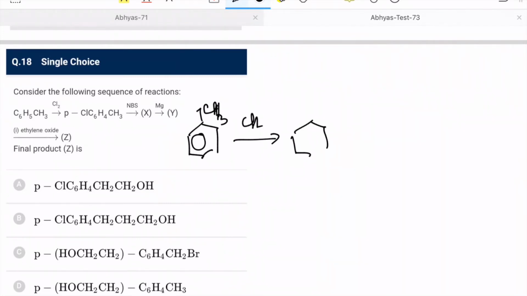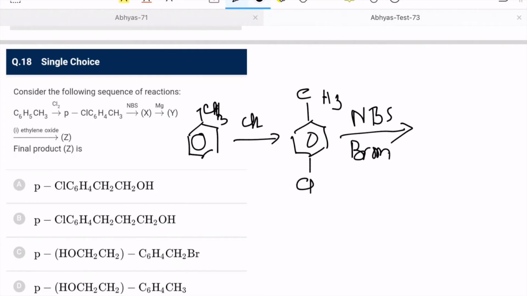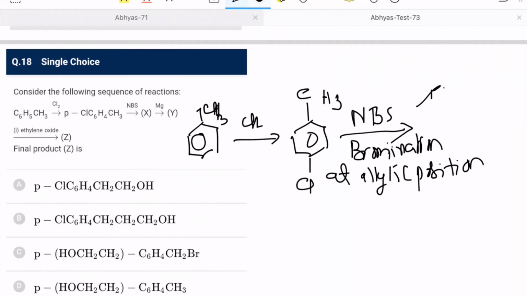This step he has given. Then this is treated with NBS, N-bromosuccinimide. Here bromination will be done at the allylic position. So this one will be forming here.